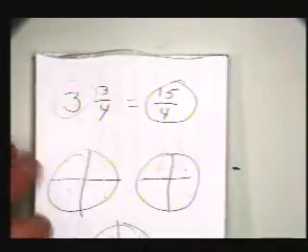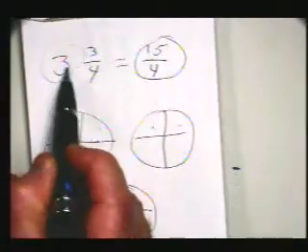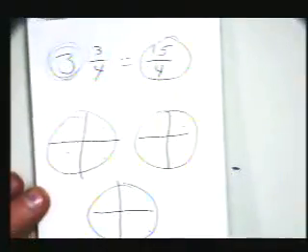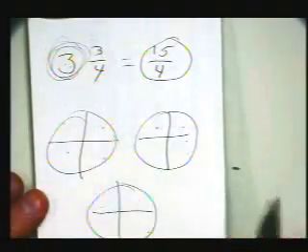Now that might be the first time in your life that you really know why we do 4 times 3. We're changing this whole number into quarter-sized pieces of pizza. It's not magic. We're changing them all into quarter-sized pieces.